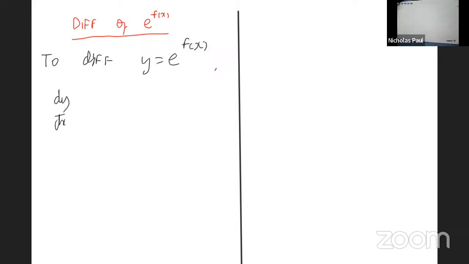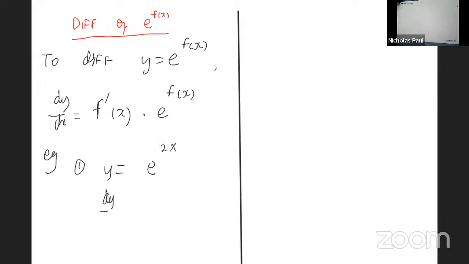Real simple. All we're going to do is differentiate f of x and then write back e to the f of x. That's it. So if I gave you y is equal to e to the 2x, what's the differential of 2x? 2. And then you write back e to the 2x. That's how you differentiate e. Differentiate the power and put it in front. And that's it.